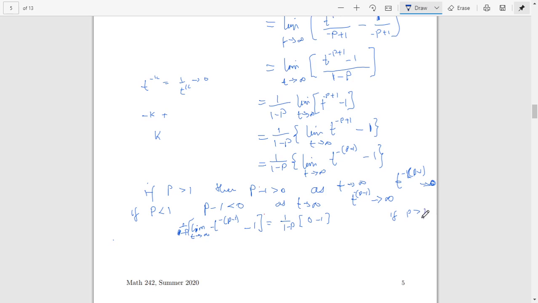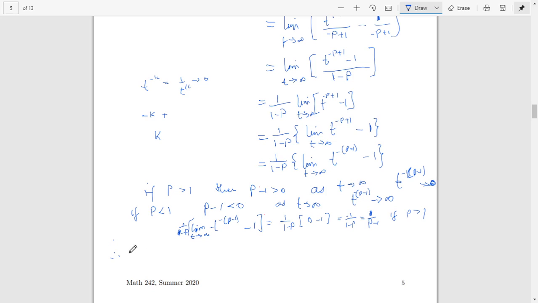If p is not bigger than 1, this limit does not exist. And this is the same thing as negative 1 over 1 minus p, or you can write it as 1 over p minus 1. So this thing here converges.